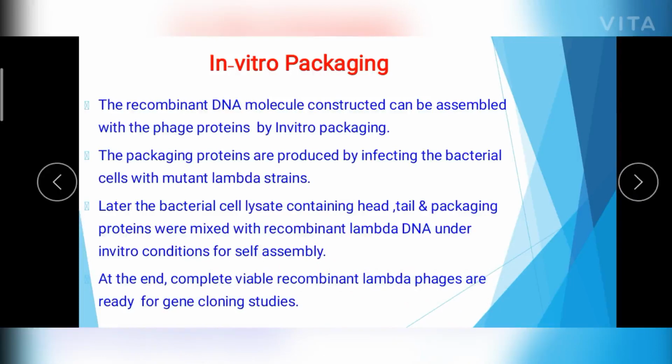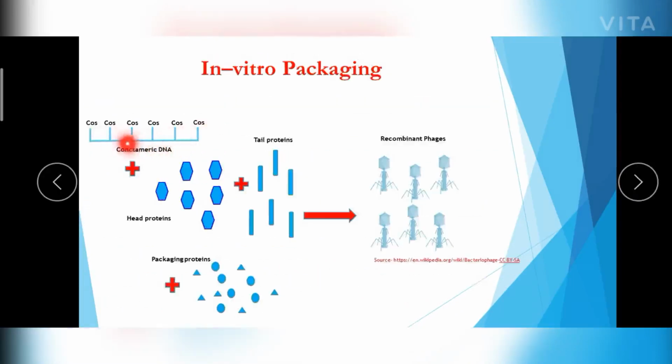So that is what is represented in the picture. This is the long concatameric DNA which has individual phage genome units separated by cos sites. These cos sites have recognition sites for restriction enzymes.